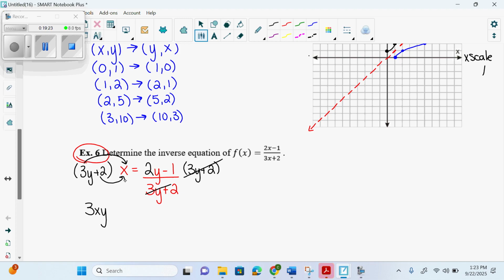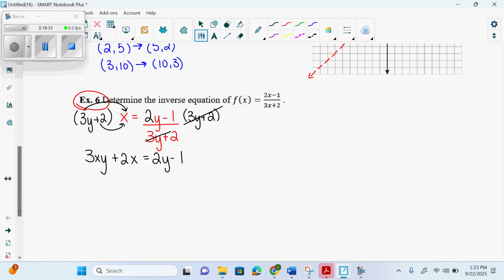Then plus 2x equals 2y minus 1. Whenever you have more than one variable, more than one y, you want to get your y's together. Now, we can't combine like terms because one of them is a 3xy and one of them is a 2y, but we do want to move them all to one side.